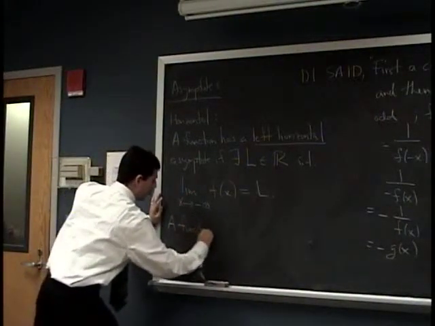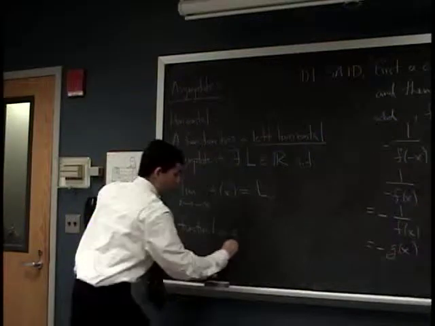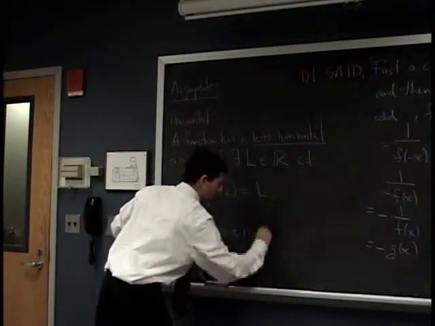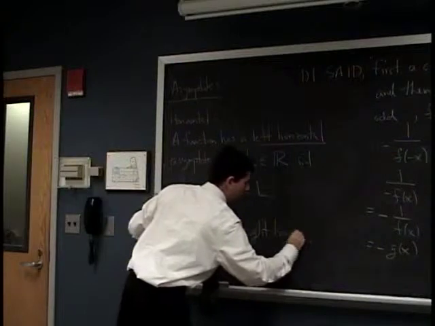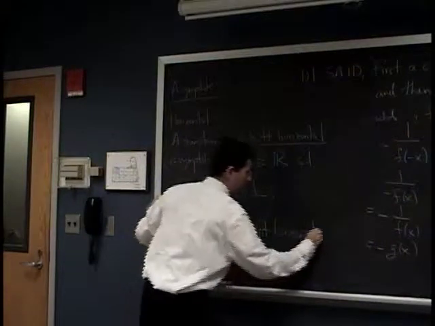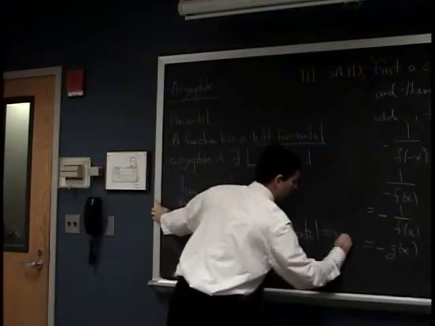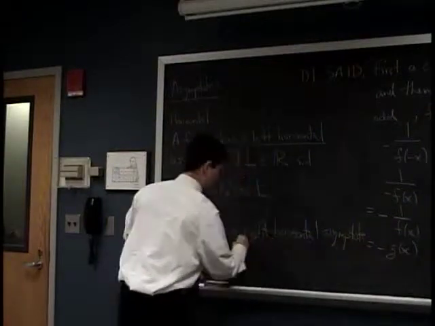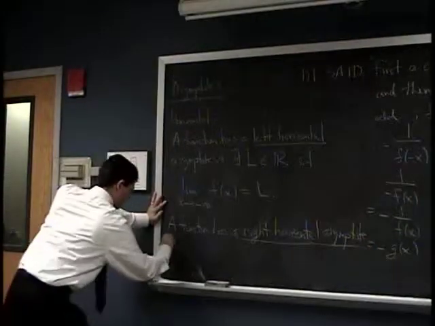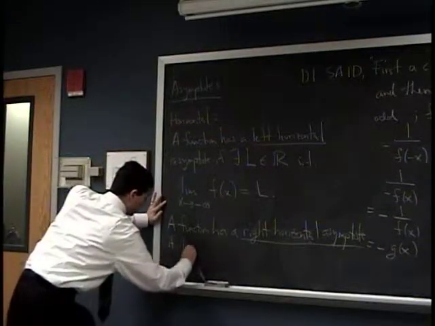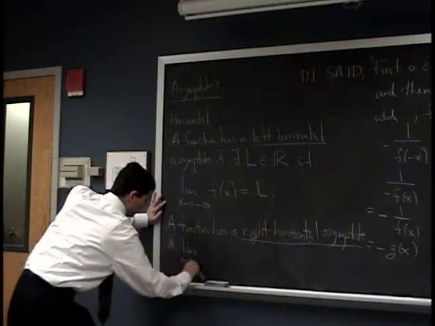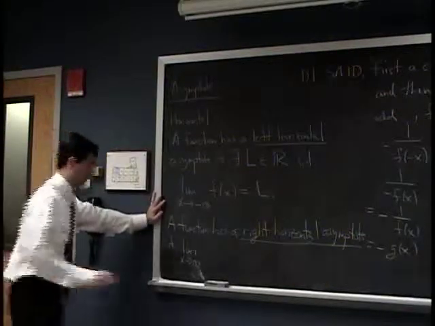So a function has a right horizontal asymptote if it's the same thing, except now I'm doing it on the right side, so the limit will be to positive infinity.